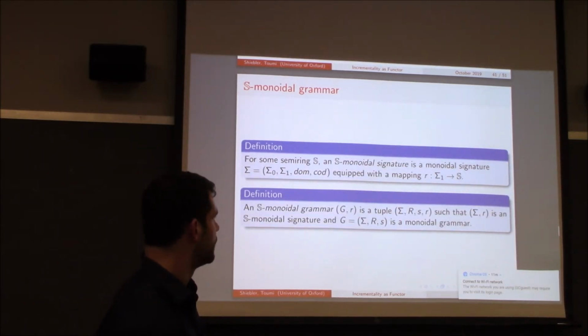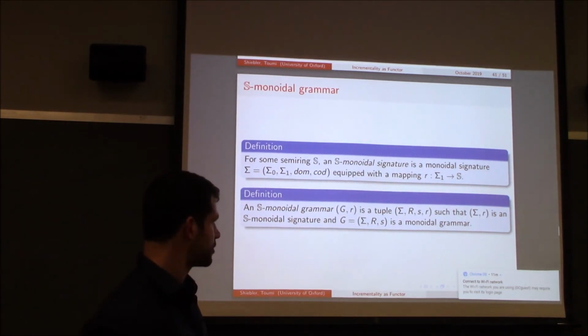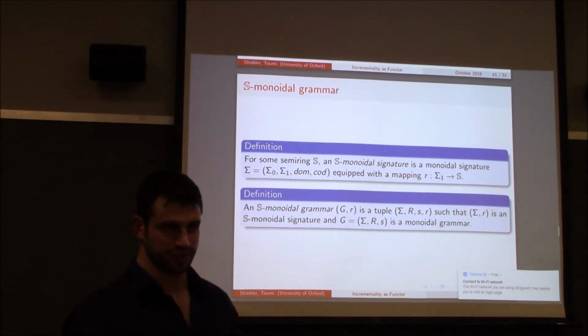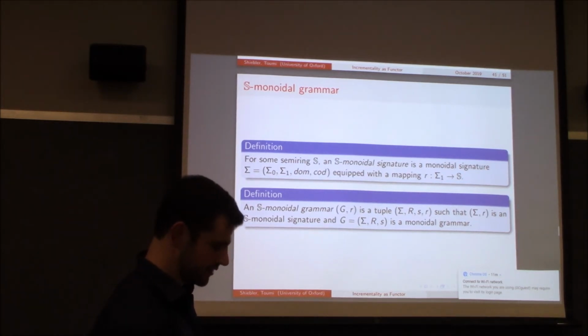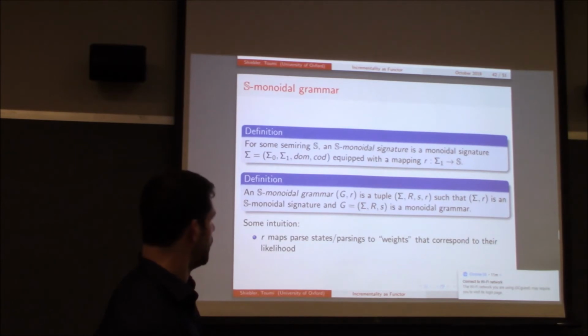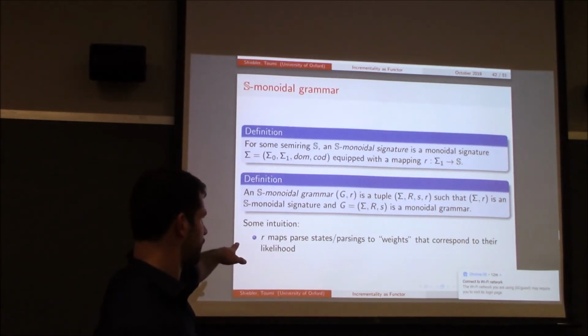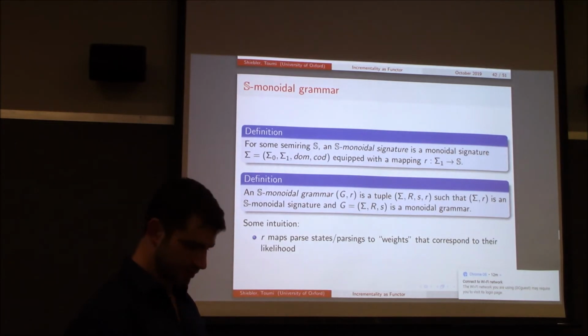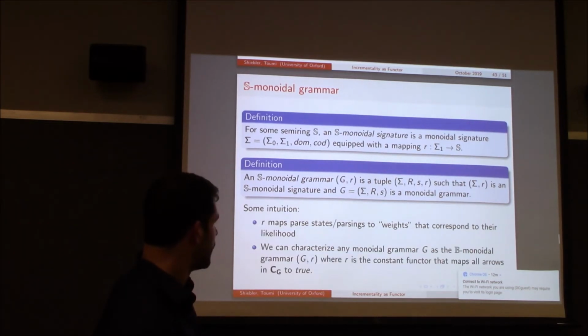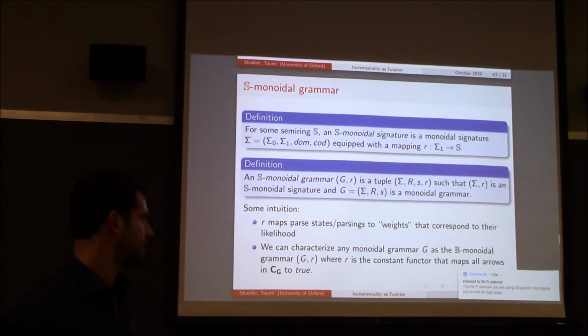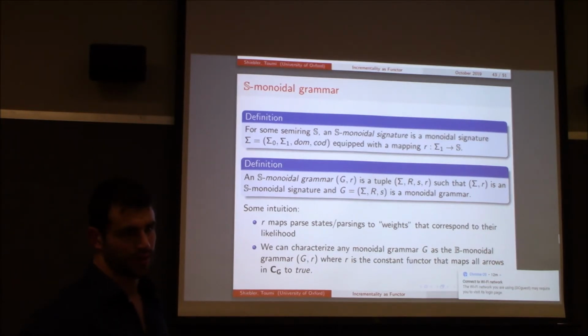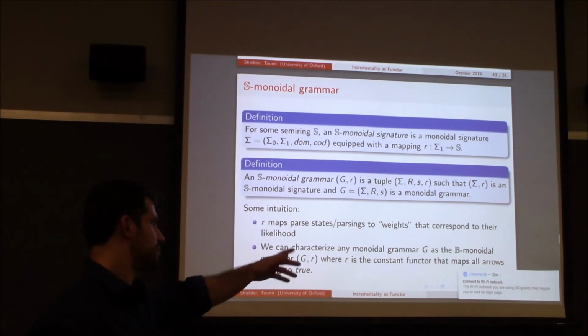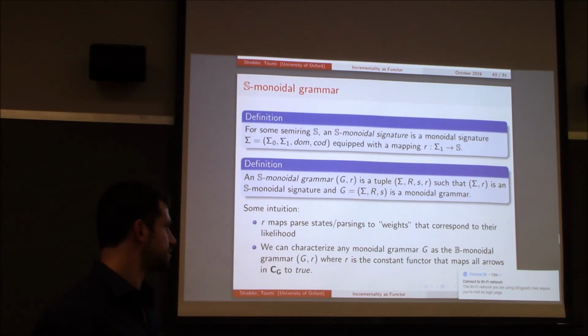An S-monoidal grammar is just a monoidal grammar built on top of an S-monoidal signature and an S-monoidal presentation, which is the definition I've skipped here. So we can think of R as mapping parse states and parsings to weights that correspond to their likelihood.